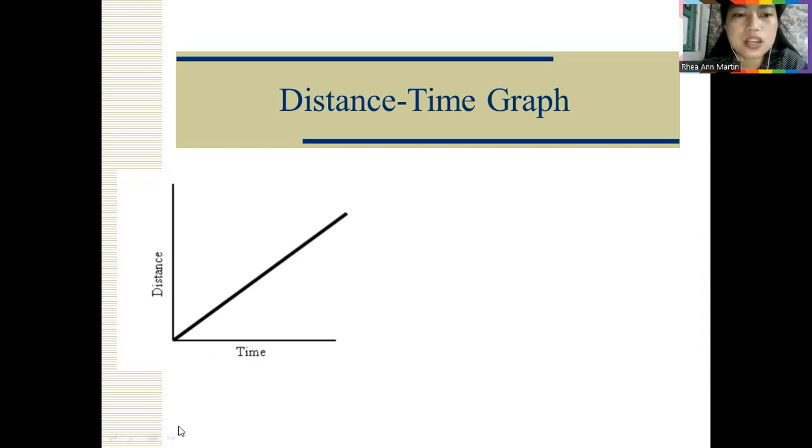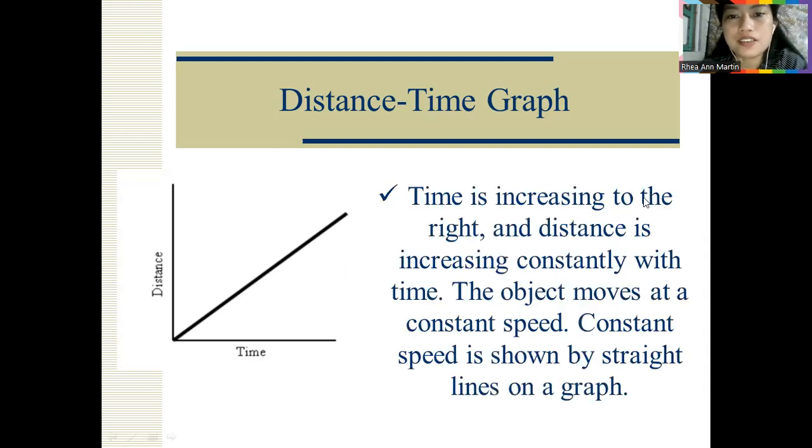So we visualize from the straight line that it is constant. The object is moving constantly. Time is increasing to the right, yes, and the distance is increasing, yes, constantly with time. So the object moves at a constant speed.